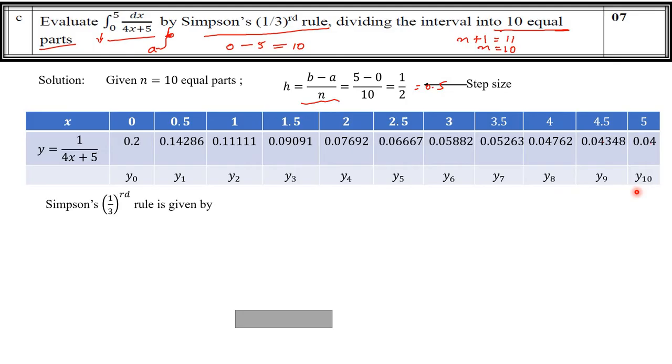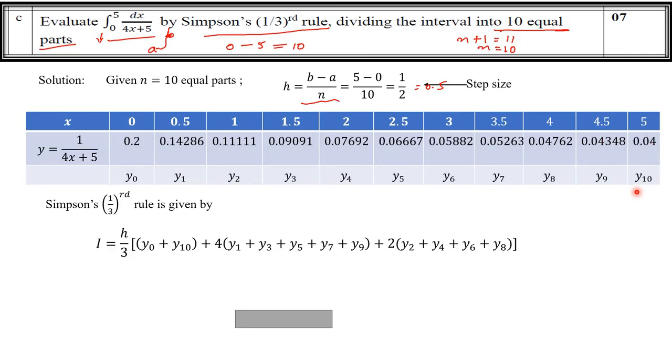Now I will consider Simpson's 1/3 rule, which is given by the formula I equal to h by 3 times y0 plus y10, the sum of the end intervals, plus 4 times the non-multiples of 2.